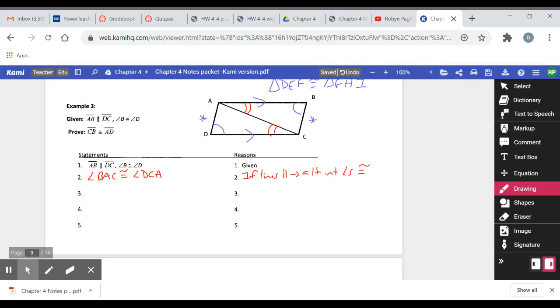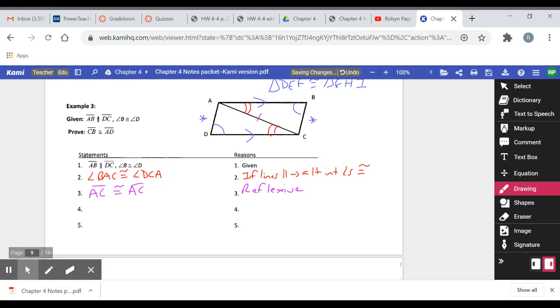Okay. I want to look at the picture and think, what else do I know is congruent besides what is marked? In this case, I can see that both triangles share this side AC. So I can say AC is congruent to AC, and that's the reflexive property. Okay.